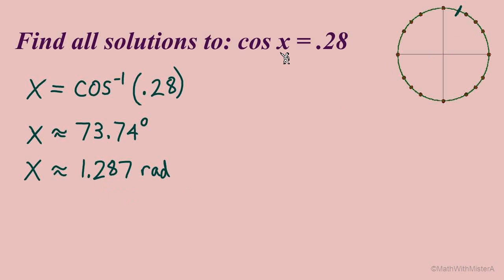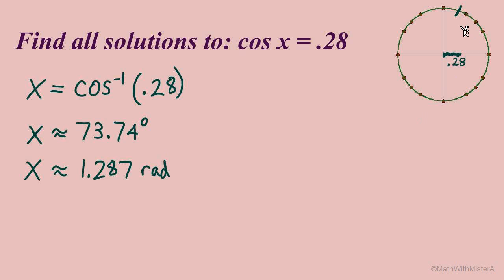This should make sense because our original equation was searching for what angle has a cosine of 0.28, a horizontal component of 0.28 units, and we can see after moving horizontally 0.28, a vertical move would get us to that point at about 73 degrees.